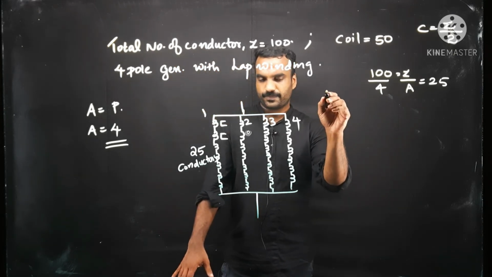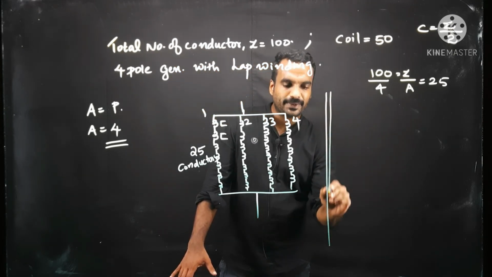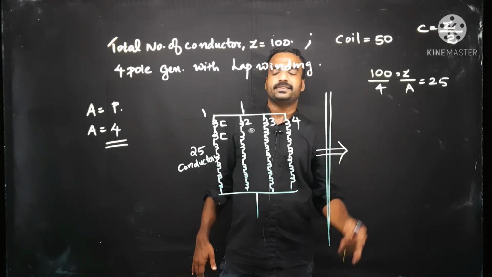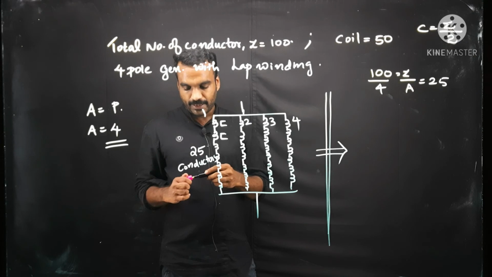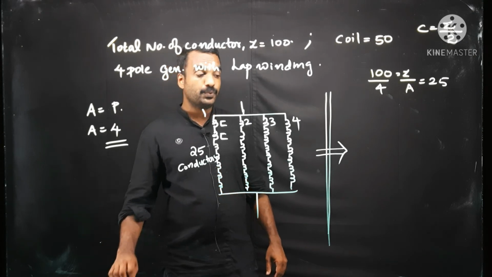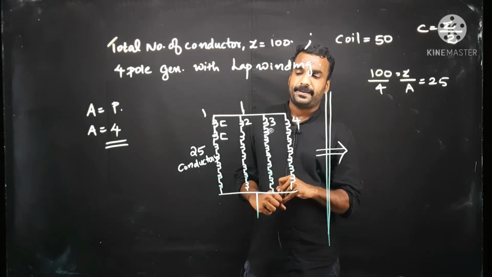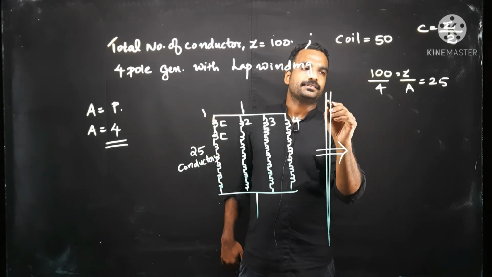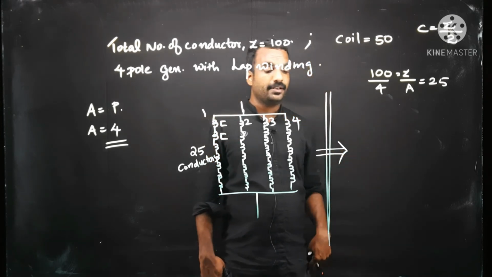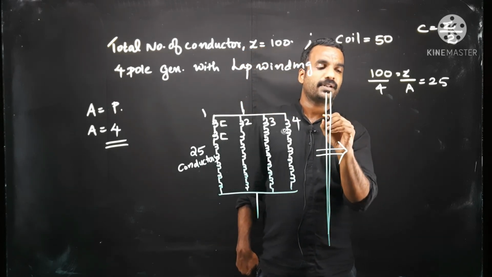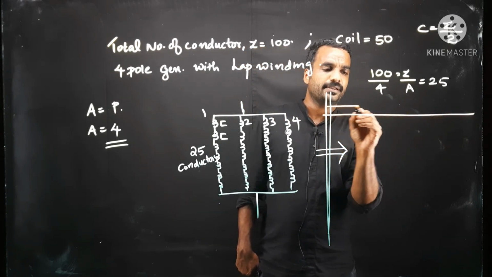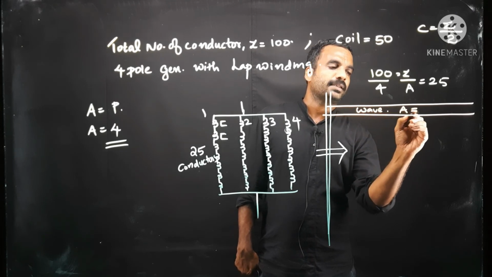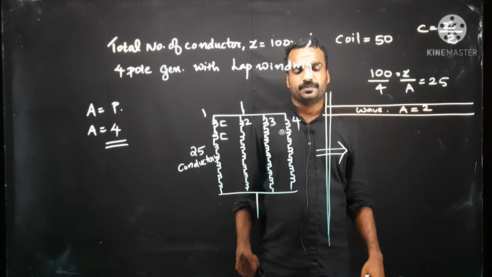Now I will give you a simple exercise. Convert this machine into a wave wound machine. What is the peculiarity of a wave connected machine? Wave means the number of parallel paths is always 2.